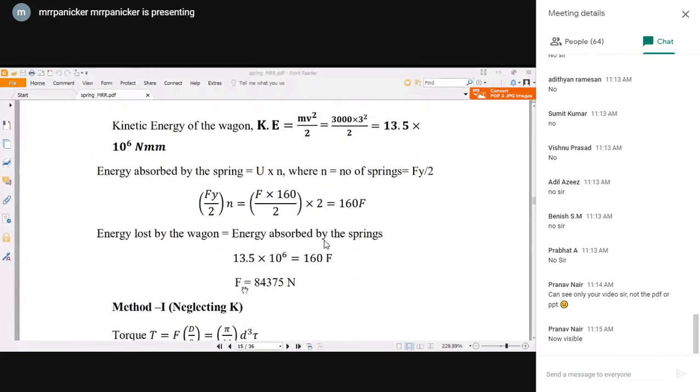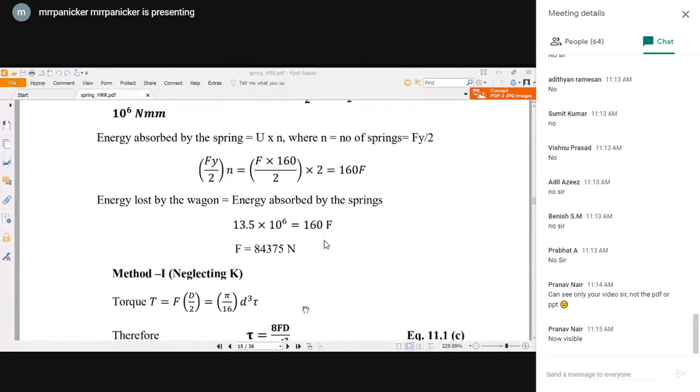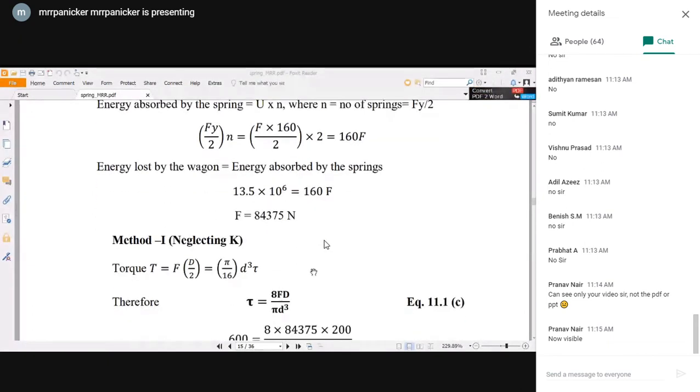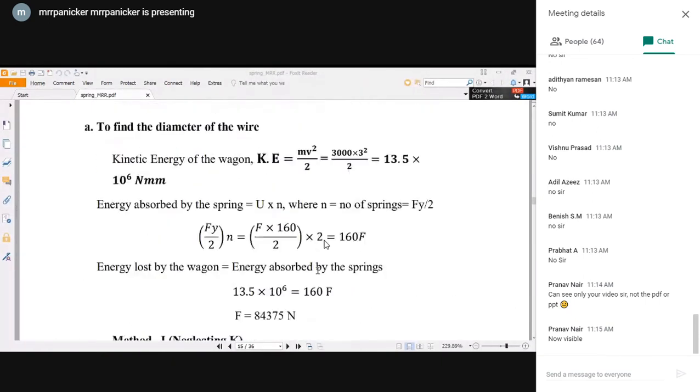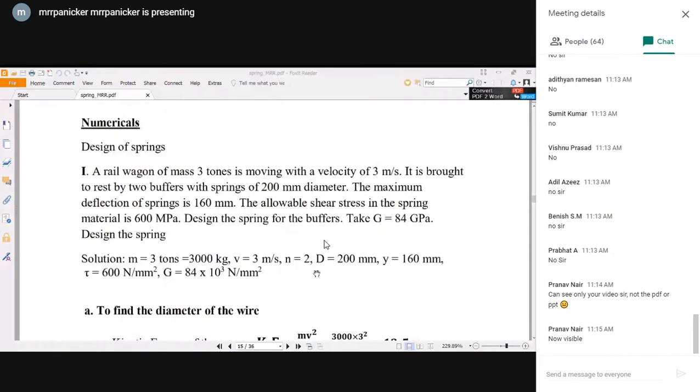So the force is now available, and we have the equation for stress and force. The diameter D is given. It is not the wire diameter; it is the mean coil diameter.